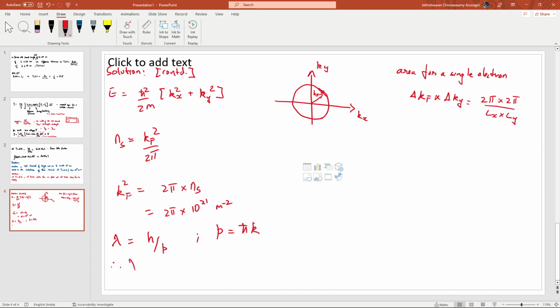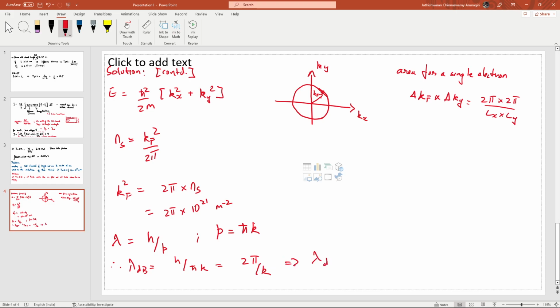Therefore, the de Broglie wavelength is h divided by h bar k, which is equal to 2 pi divided by k. Is this clear?